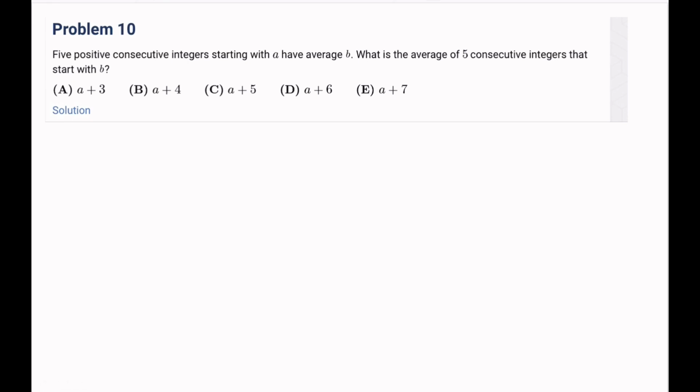Problem number 10. 5 positive consecutive integers starting with a have average b. What is the average of 5 consecutive integers that start with b? Okay, so 5 positive consecutive integers starting with a, that's a, a plus 1, a plus 2, a plus 3, a plus 4, and their average is a plus 2. So b is a plus 2.